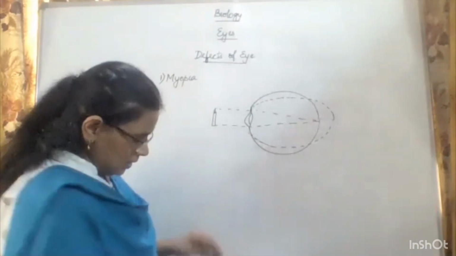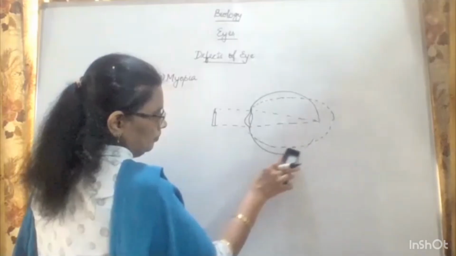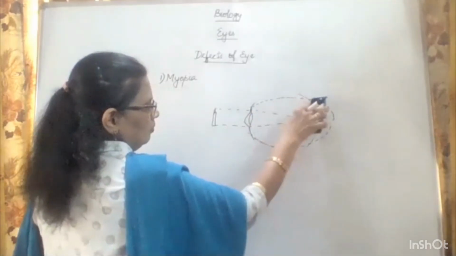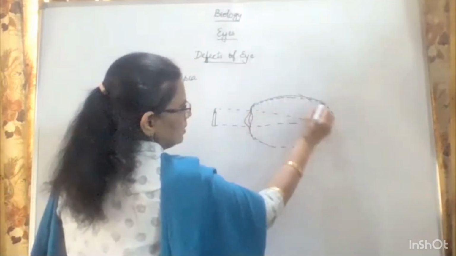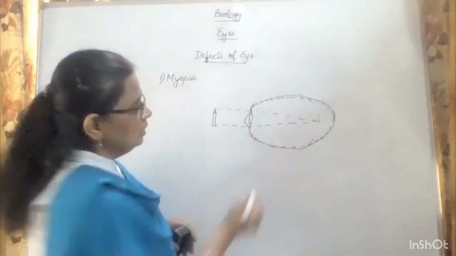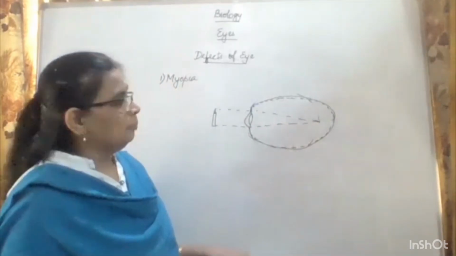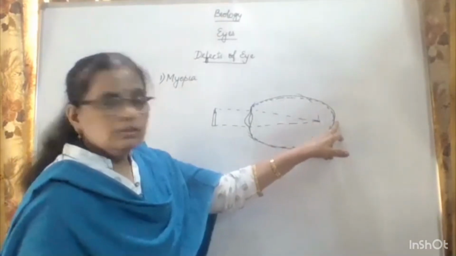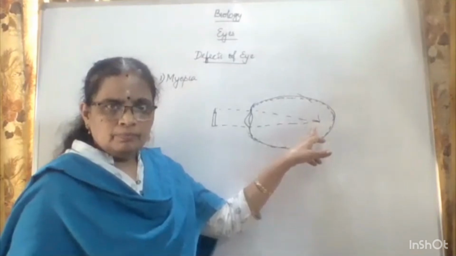So the eyeball has become like this. The shape of the eyeball is like this. Where is the image? The image is formed here. But in case of myopia, where is the retina? Retina is here. So the image is formed before reaching the retina.